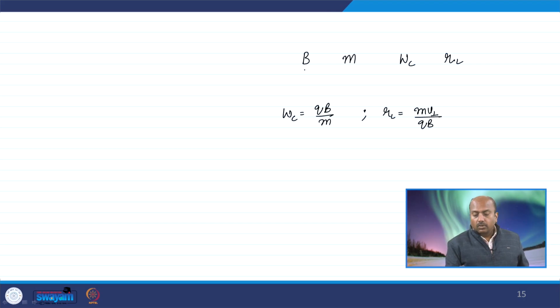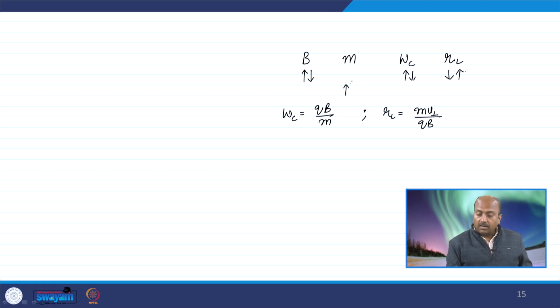Let us write. So, if the magnetic field strength is large, keeping mass constant, omega c will be large. The radius of gyration would be small. Opposite. Right. Now, let us keep the magnetic field constant.